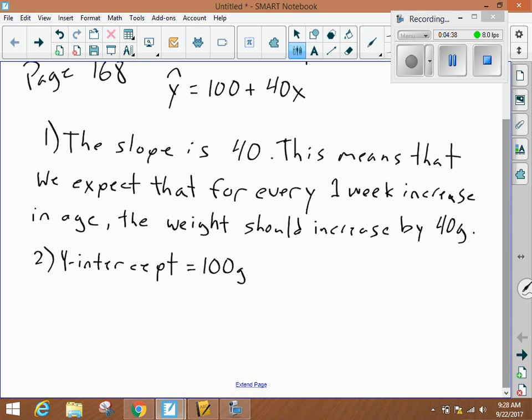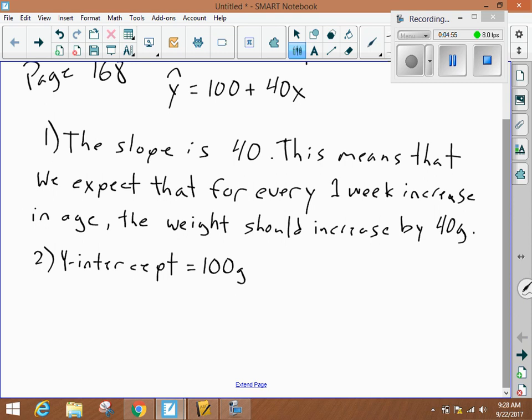Is grams, and so we'll have to say that we expect that the baby white rat is 100 grams. Yeah? Sure. Means baby white rat.